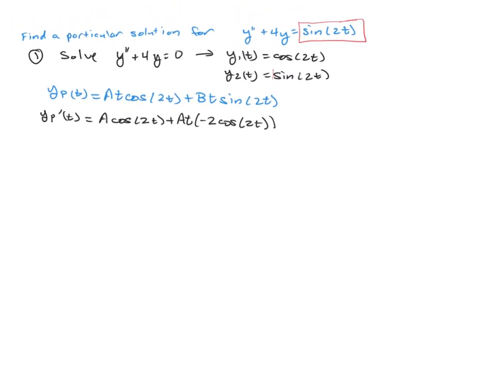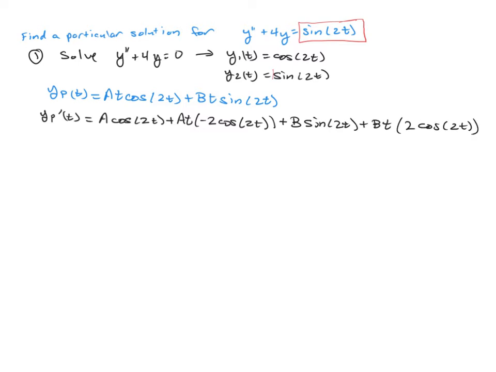All right, so next thing to do is now take the derivative of the second term. Derivative of the first is just b times the second, and then plus the first times the derivative of the second, which is 2 cosine of 2t.